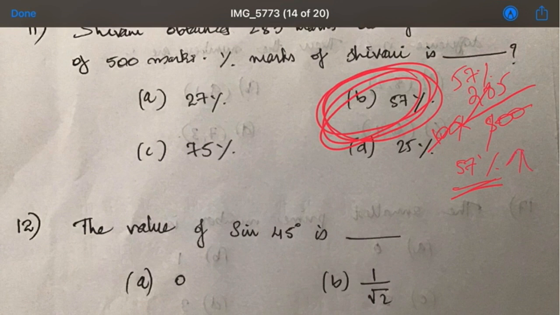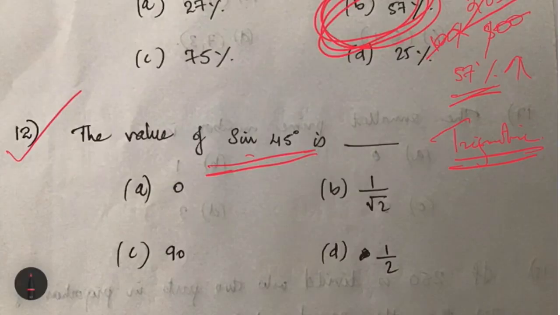The value of sine 45 degrees. Trigonometry is one of the most important sections in these examinations. You can expect 1 to 2 questions in trigonometry, and you definitely need to learn by heart the trigonometric table: sine, cos, tan, cosec, sec, cot. All these values must be studied by you.